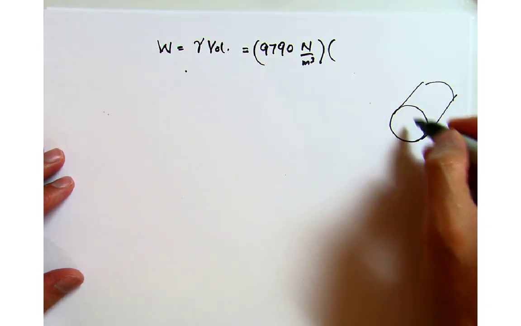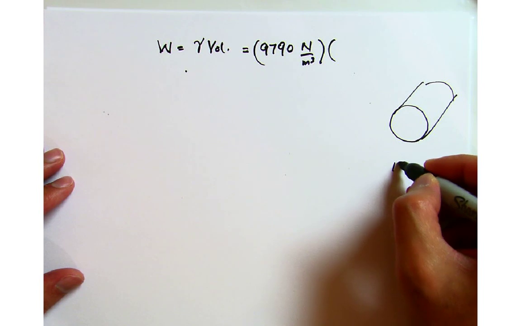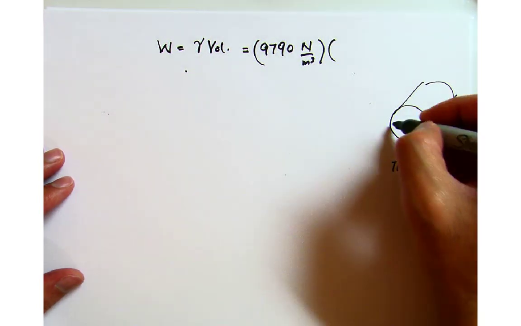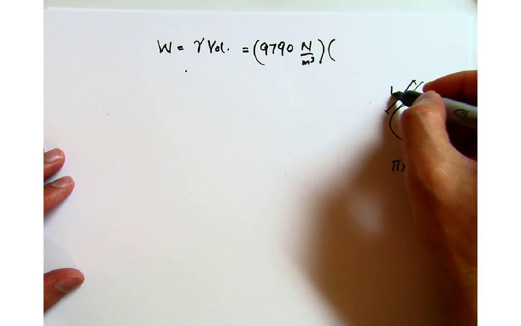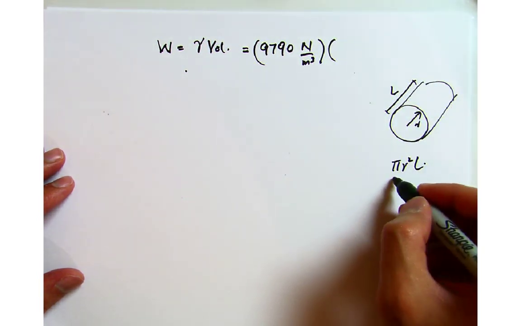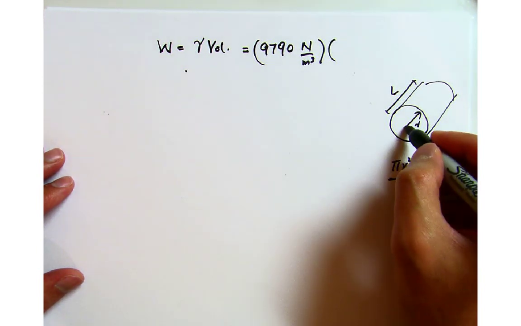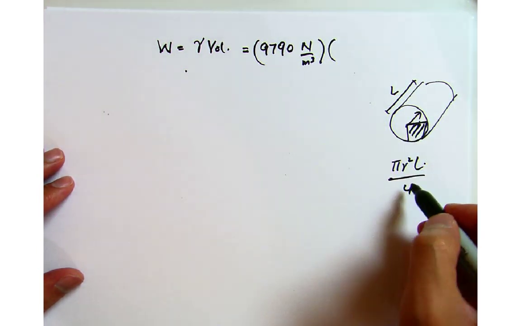This is a cylinder, so I can use pi r square, where r is the radius, and then times the length, or the width in this case, so pi r square L, and I have to divide this by 4 because we only have a fourth of that.